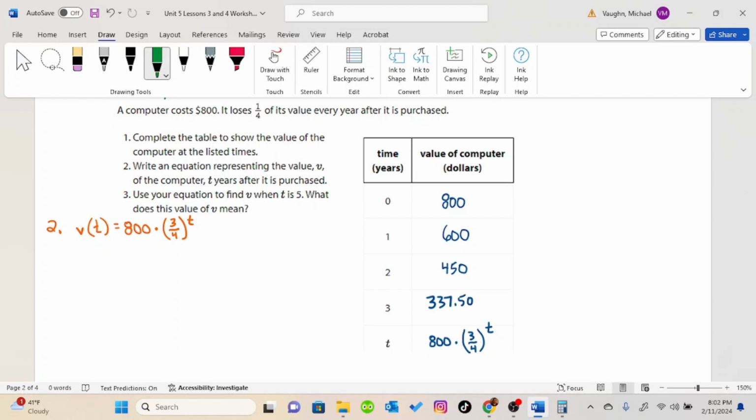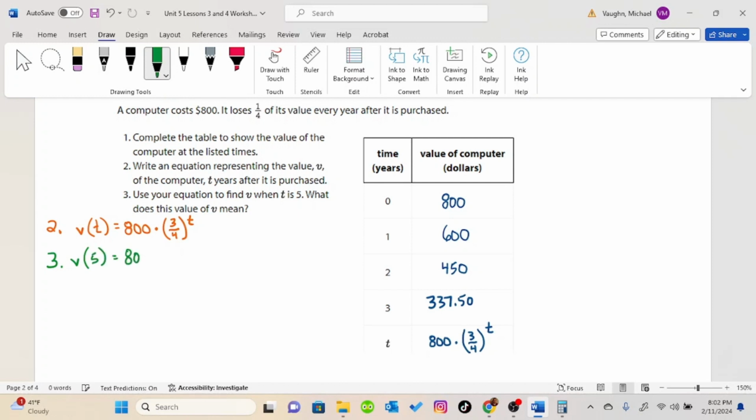And number 3, use your equation to find v when t is 5. What does this value of v mean? So we are looking for v of 5.